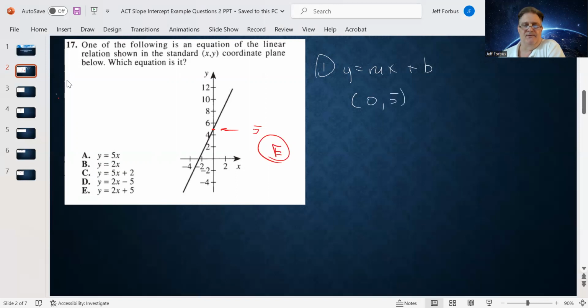And put it into our equation here. In this case, our x would be a 0. And so we know we're going to have to get a y value of 5, and that's going to be equal to our b. So the answer is answer choice E. All right, let's move on.